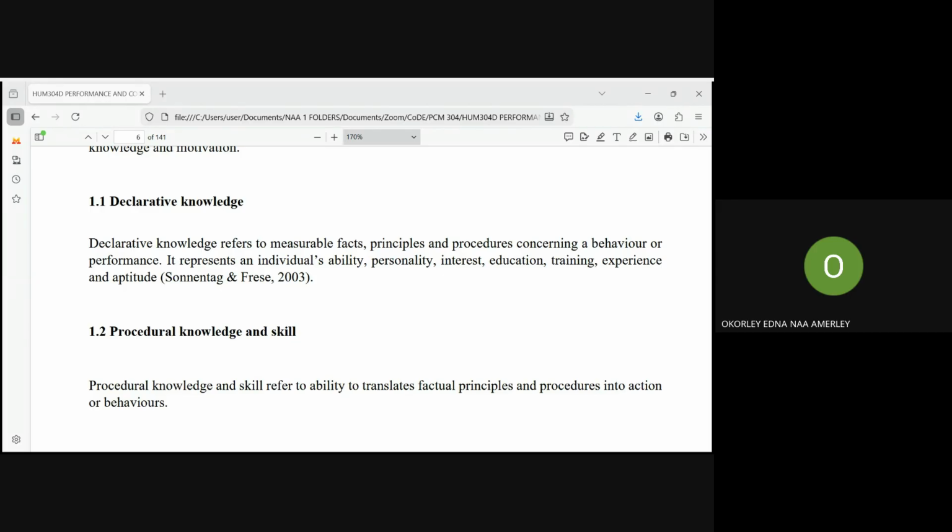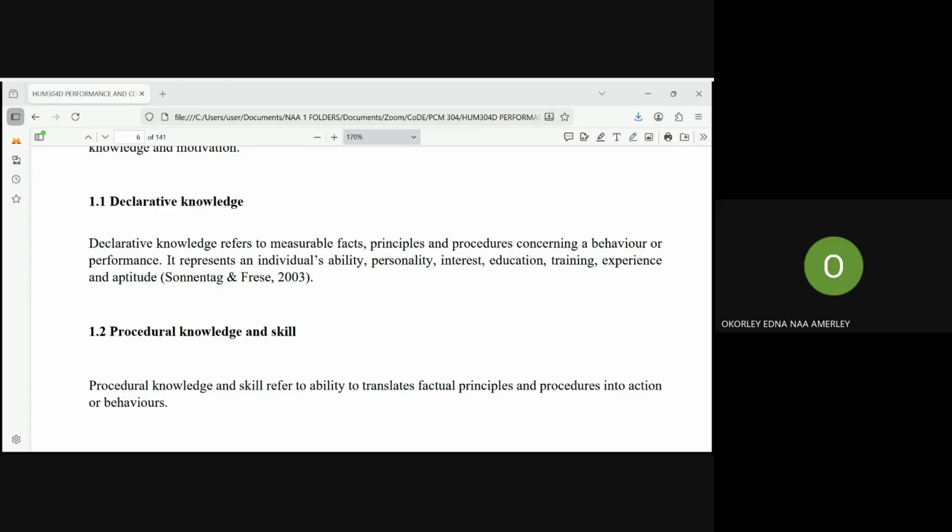Some will say it is the type of knowledge that involves facts, concepts, and information that a person can consciously recall and explain. It is about knowing that something is true rather than knowing how. It is not the how, it is the that. The how is what we refer to as procedural knowledge.